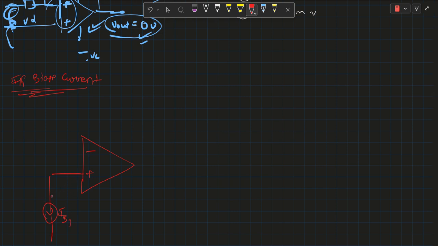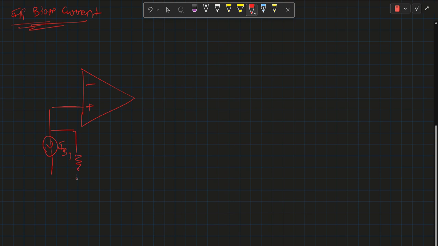There is IB1, and one resistance is connected here. Actually, this is the negative terminal, and this one is the positive terminal, and a resistance is connected here, which forms the negative feedback loop of the system.